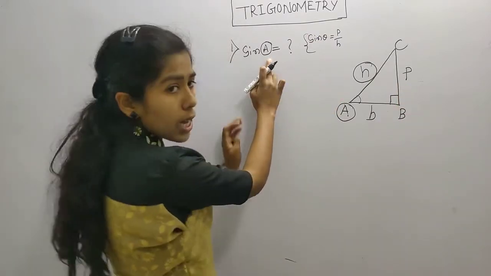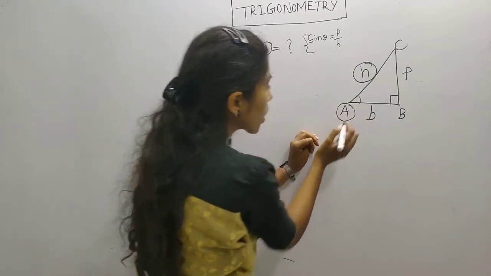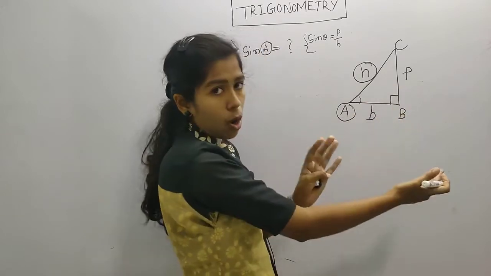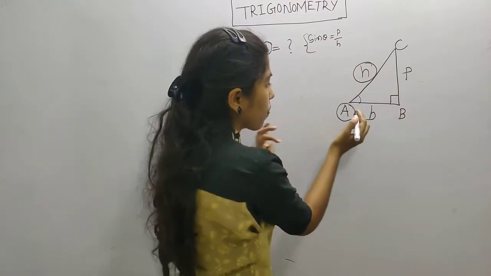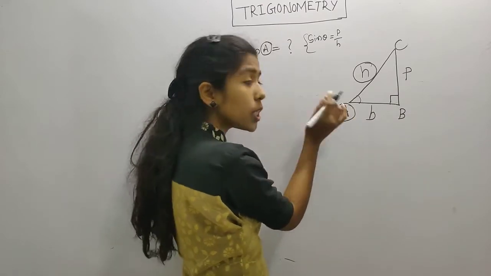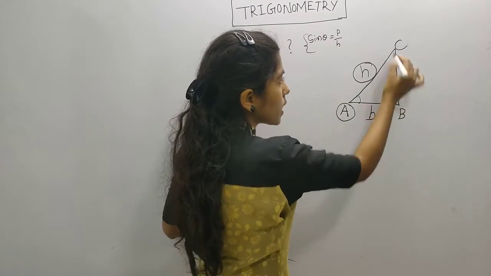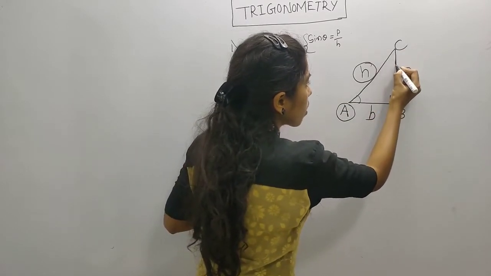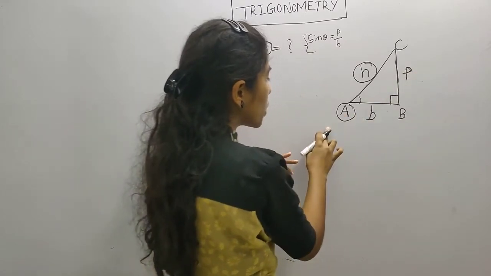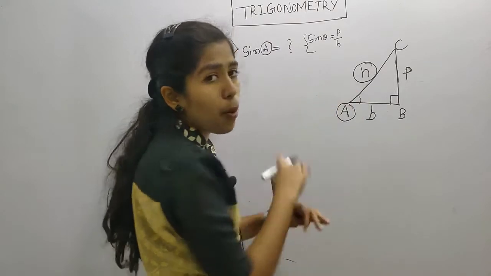Now, you see, here angle A is there. Where is A? Here is A. So, how do you get the perpendicular? Opposite of A, the side opposite to A. See, this is A. Which is the opposite side of A? This one, B and C, this line. Right? So, the side opposite to the given angle will be the perpendicular.